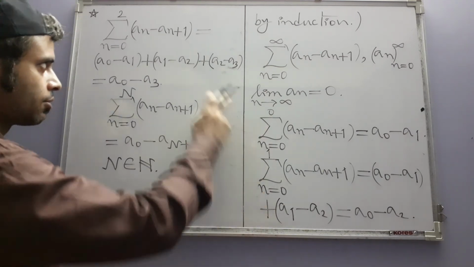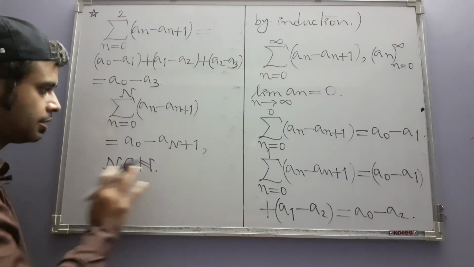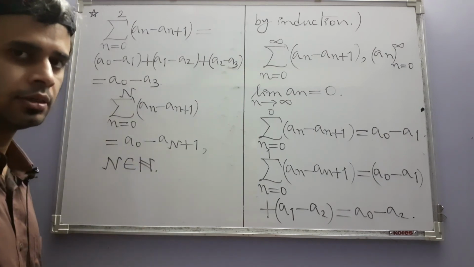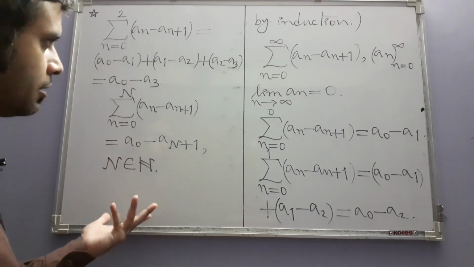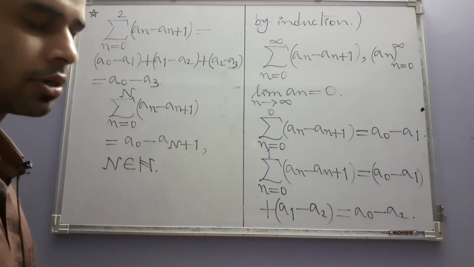But these of course are only 3 cases, whereas what we are stating here is for infinitely many n. So that's why you need to prove this by induction, which is absolutely straightforward.